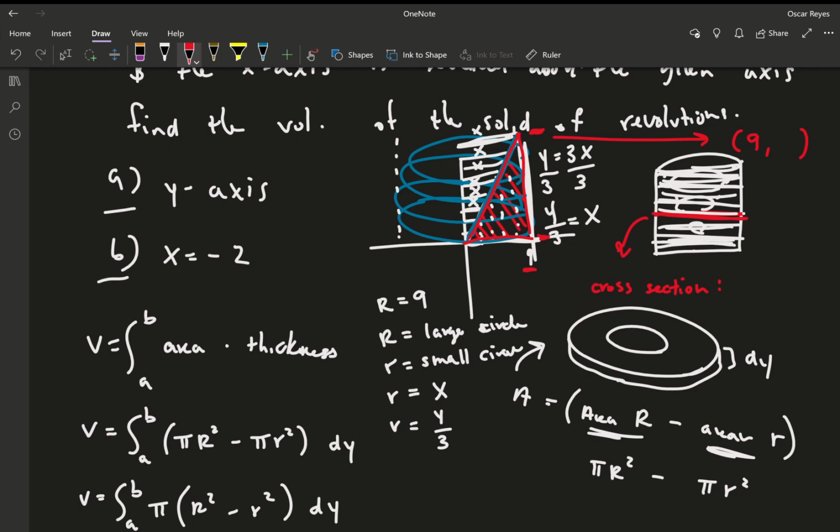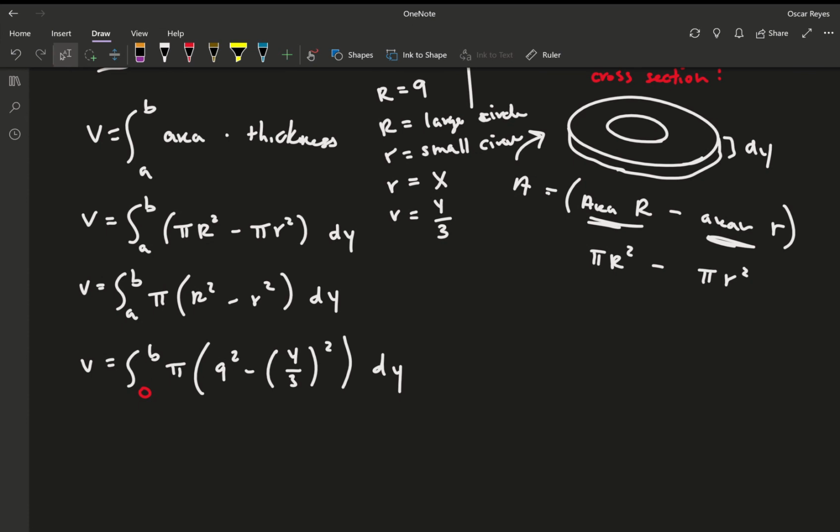We can figure that out by this line here. So if we plug x equals 9 into y equals 3x, we get that y equals 27. So we know that the height here is 27. That means that our b is going to be 27.